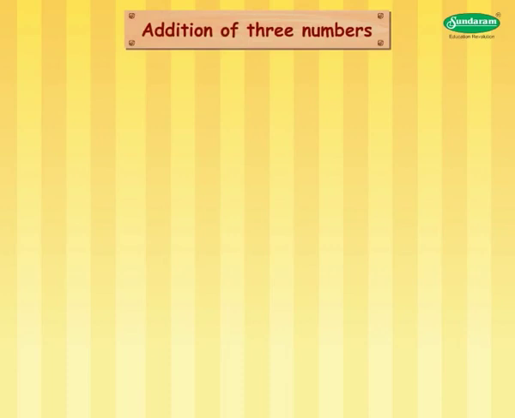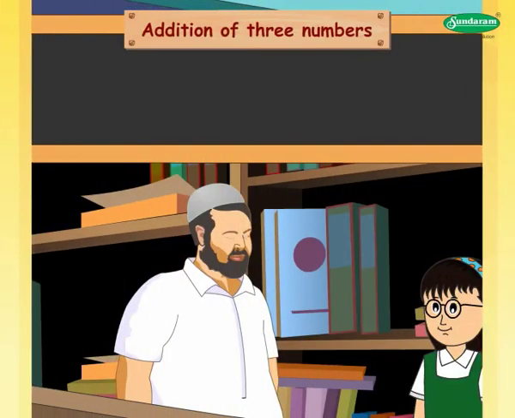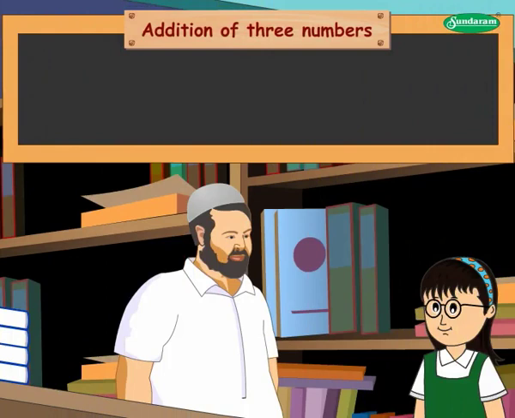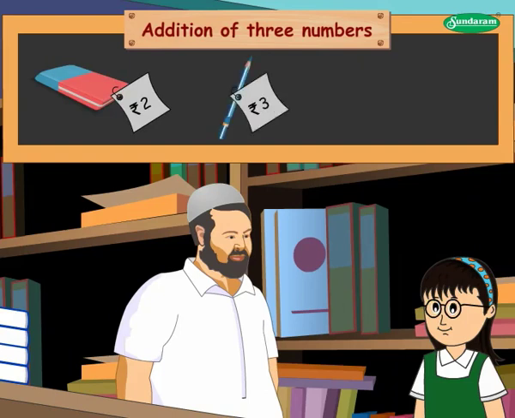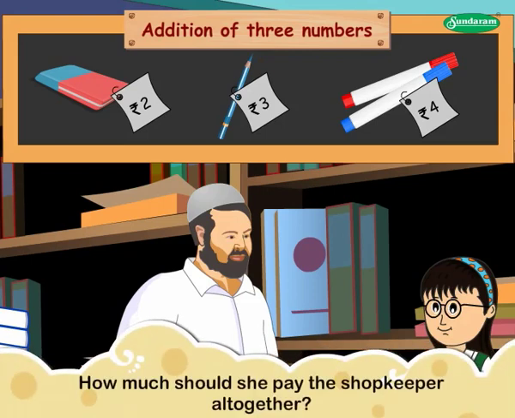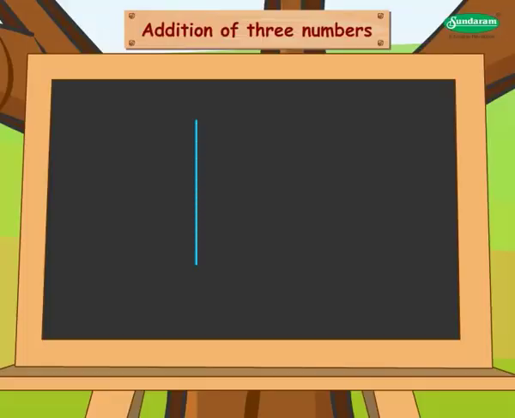Addition of 3 numbers. Add. Example 1. Maya bought an eraser for 2 rupees, a pencil for 3 rupees and some colored chalks for 4 rupees. How much should she pay the shopkeeper altogether? 2 plus 3 is equal to 5.